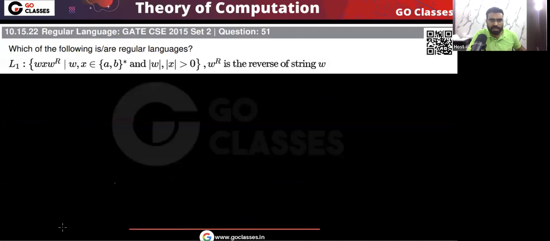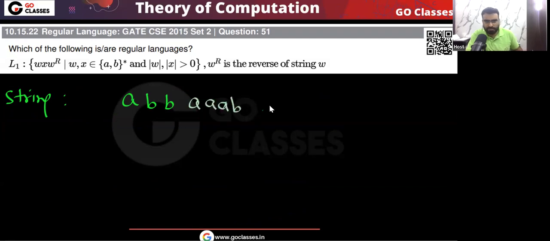Now let's see here. I am asking you, look at this string and tell me whether this string will be in the language or not. I am giving you a string: A double B, A B, B, and then B A A. Now tell me, is this string in the language or not?